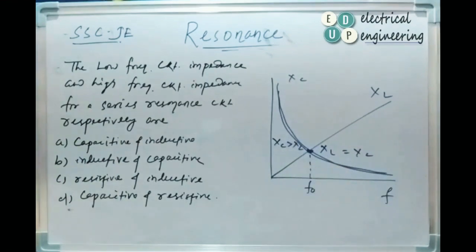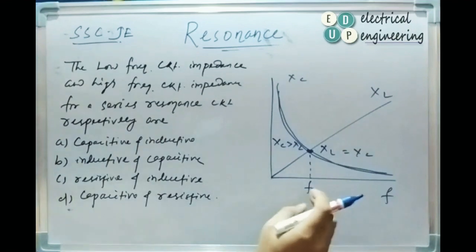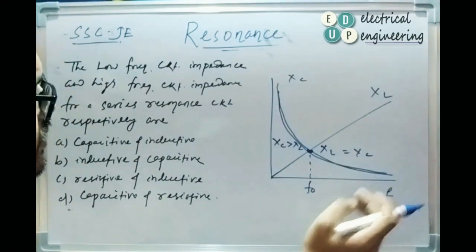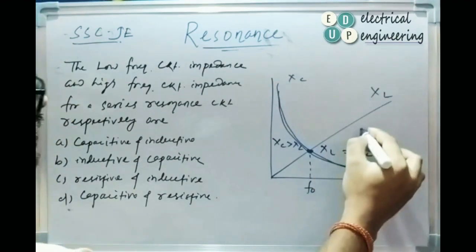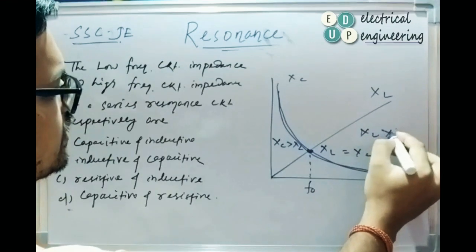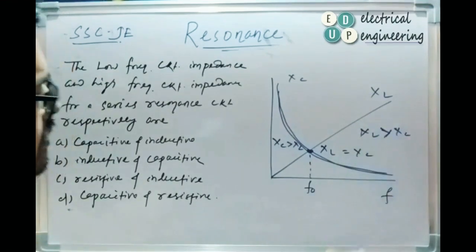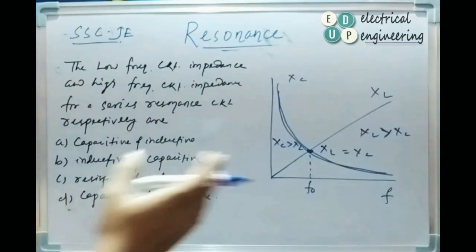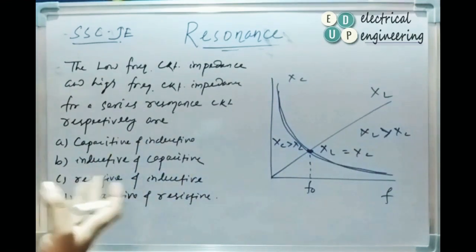That means it is a capacitive circuit. But after that, at higher frequencies, XL is greater than XC, so it is an inductive circuit. From the graph, you can get the answer very easily.